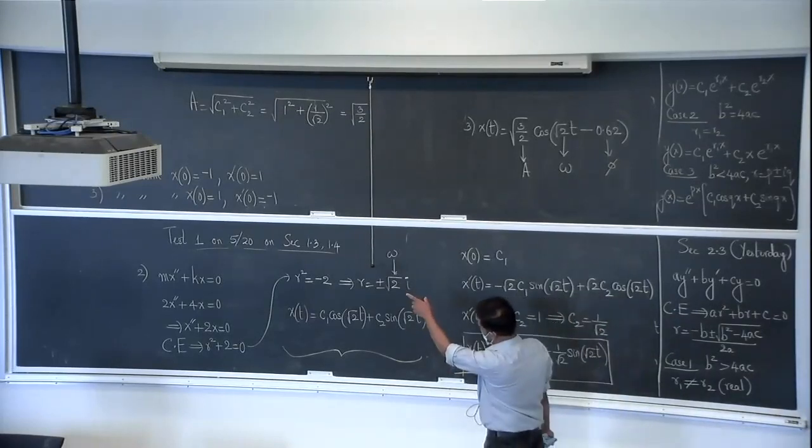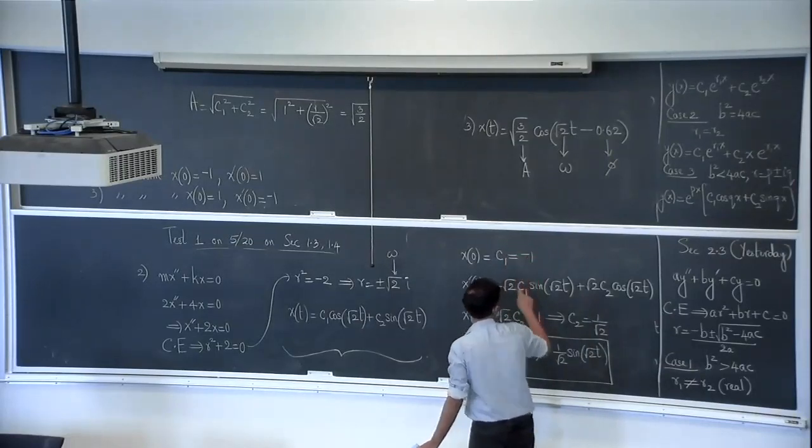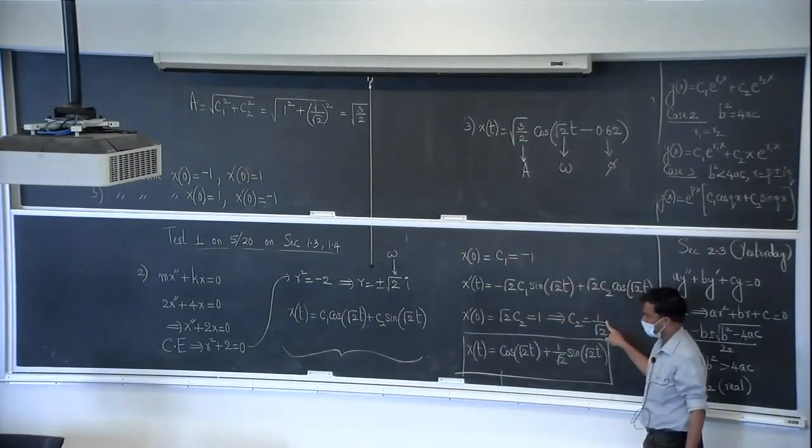All right, so if you change your x of 0 from 1 to -1, your C1 becomes -1. Okay. That does not change the value of C2 though. Okay. C2 is independent of C1 here.